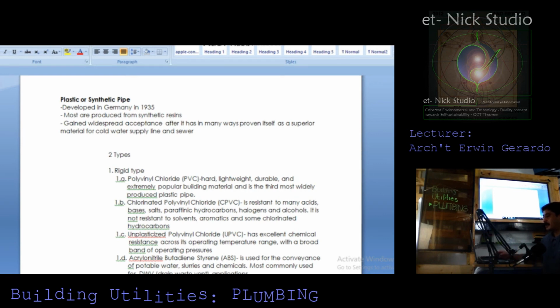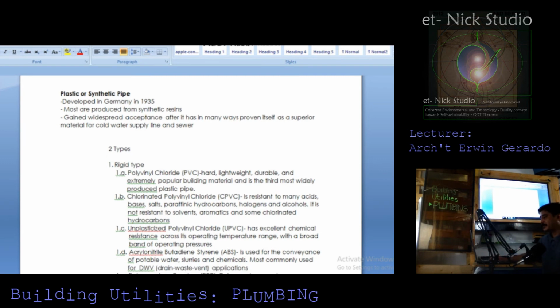There are two types. Rigid type: we have the polyvinyl chloride, known as PVC. It is a hard, lightweight, durable, and extremely popular building material, and is the third most widely produced plastic pipe.